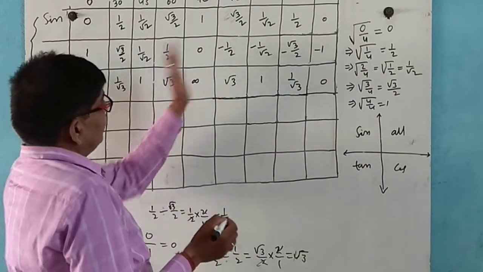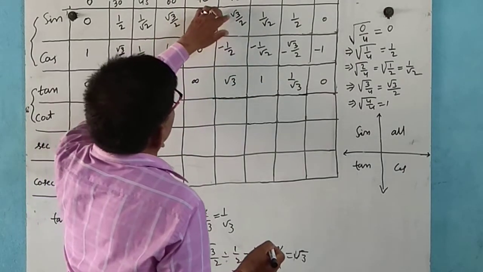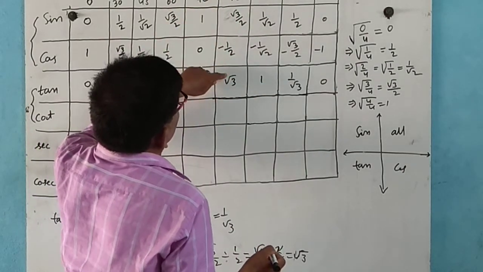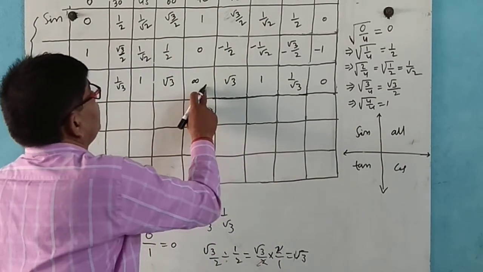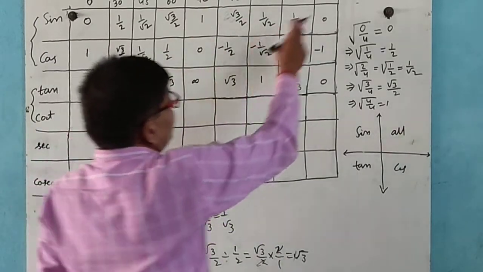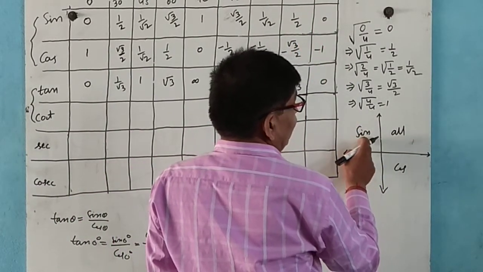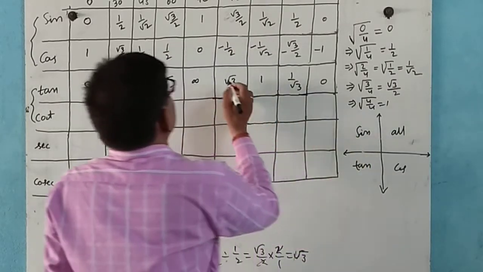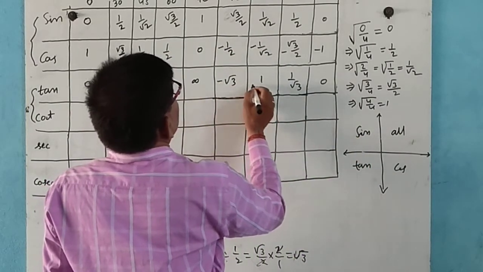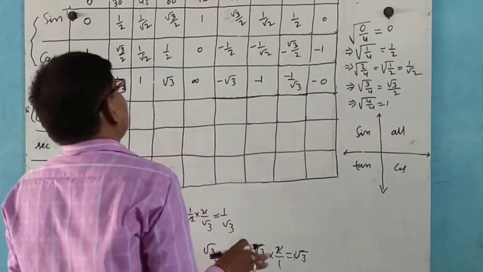By transpose property, this can also divide this. This becomes this. And tan 90 to 180 degree, only sin and cosec are positive, the rest negative, this becomes also negative. This is negative, this is negative, this is negative. This is also.